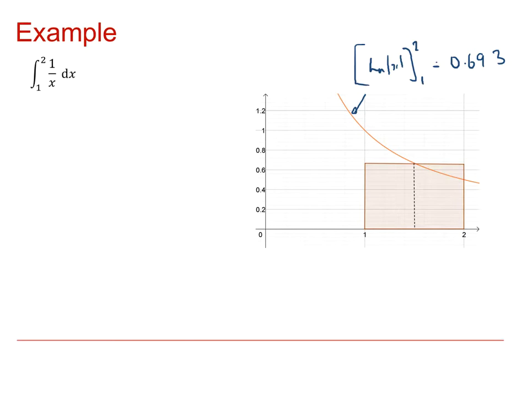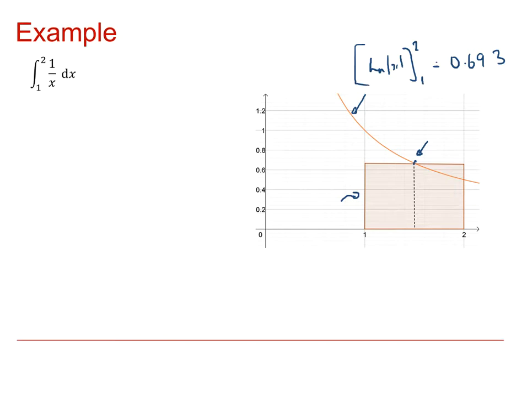The approximation I want to first of all look at is the idea of using just a single rectangle. Obviously not a very good approximation, but I'm going to evaluate the height of the rectangle by looking at the point which is halfway between the endpoints of the interval, in other words at 1.5.